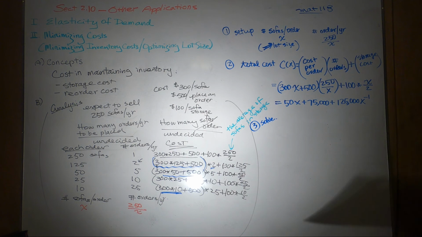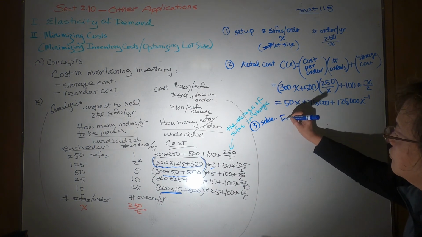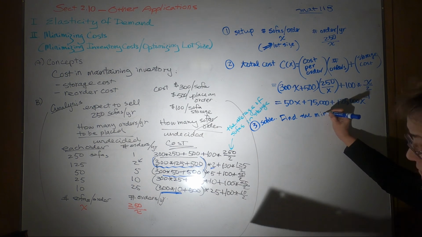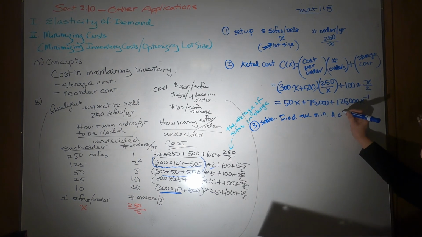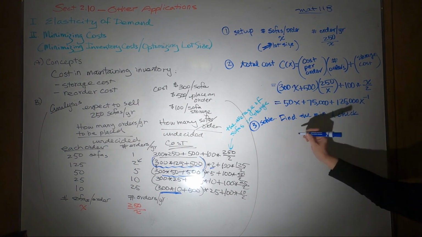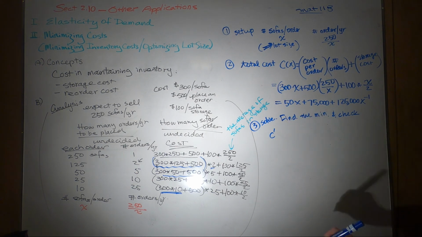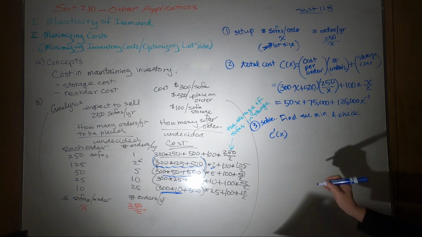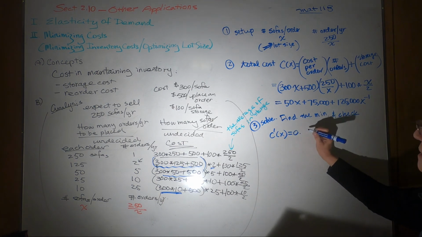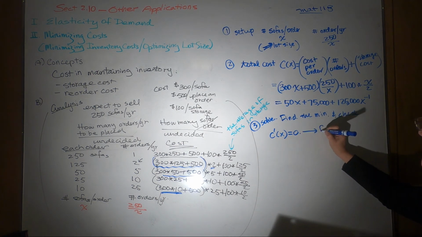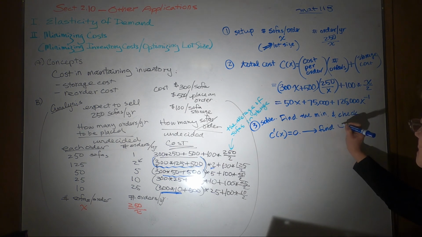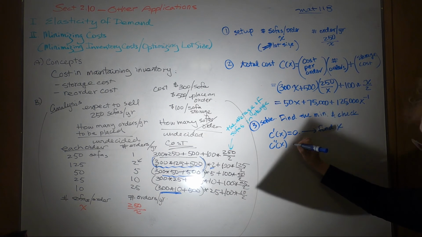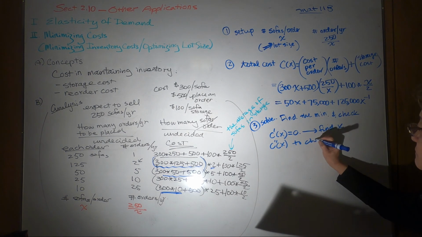So we need to find the minimum and check it, right? To find the minimum, we need to set this one equal to 0, then find x. Then use C double prime of x to check it.